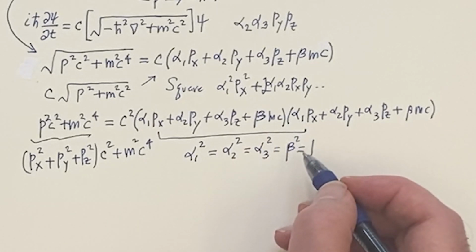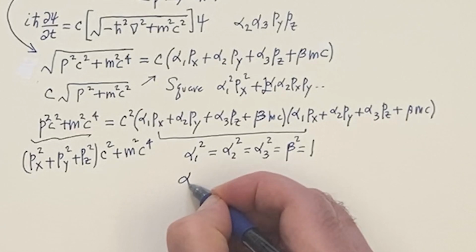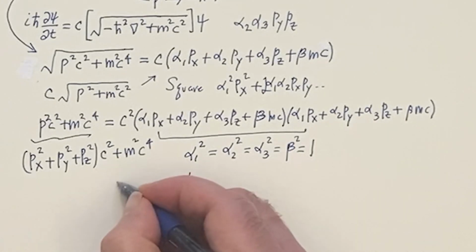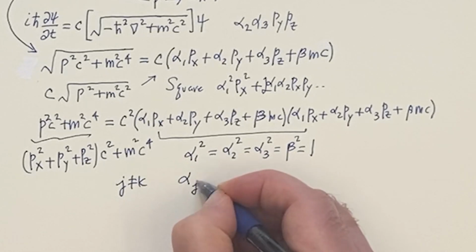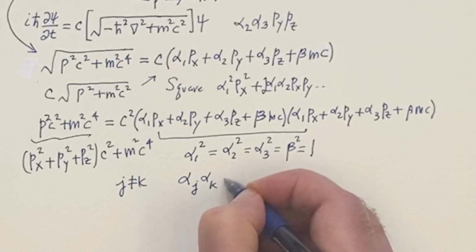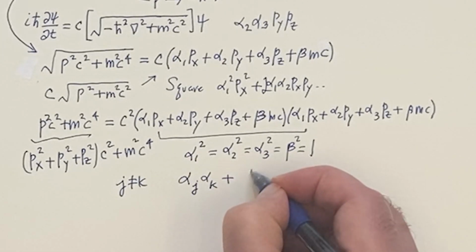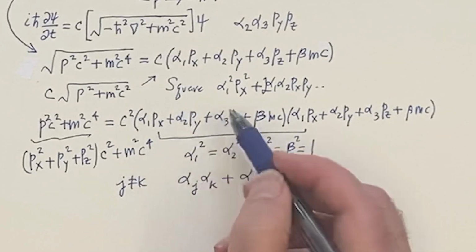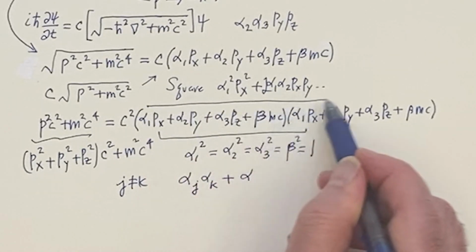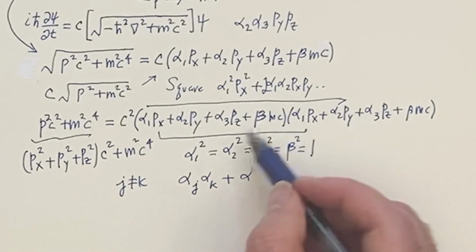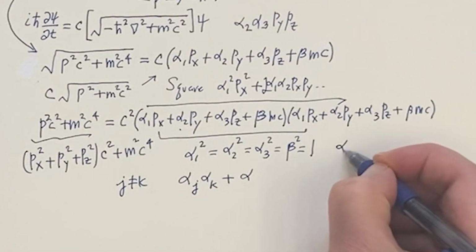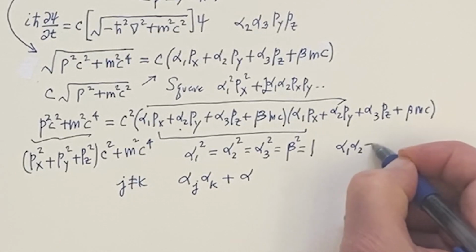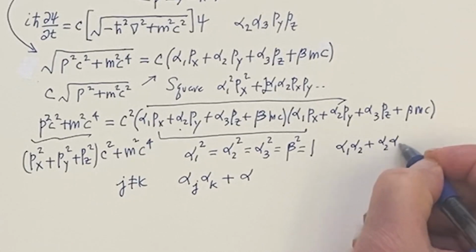But also, here, if j does not equal k, then alpha j, alpha k, plus, in other words, we're going to take one of these, say 1 with 2, and then 2 with 1. So we're going to look at alpha 1, alpha 2, plus alpha 2, alpha 1.